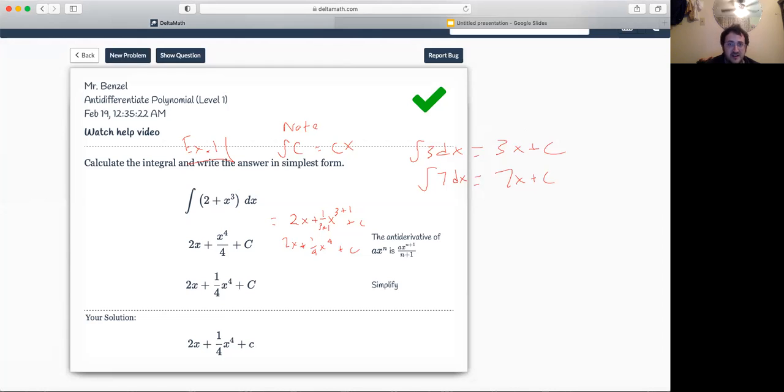Now, do you need to have so many intermediate steps? If you are really getting the rules down very well, you could pretty much get from here to here very quickly. And that's a good sign, because that's showing us that you know your rule very, very well.